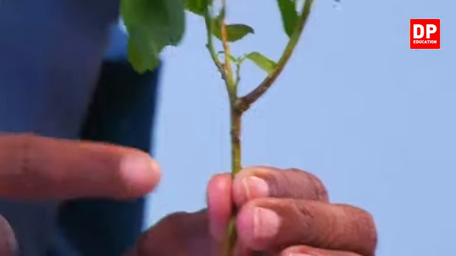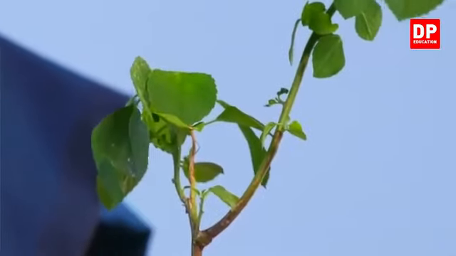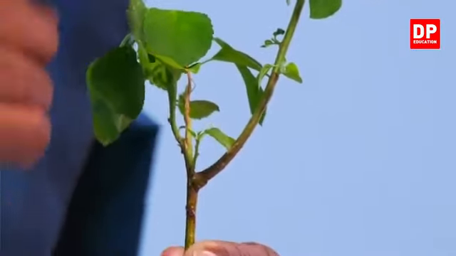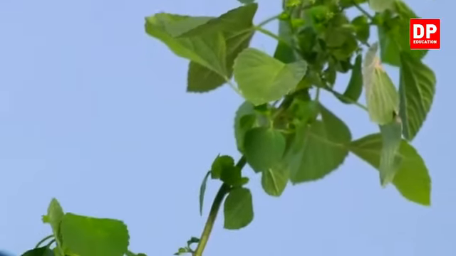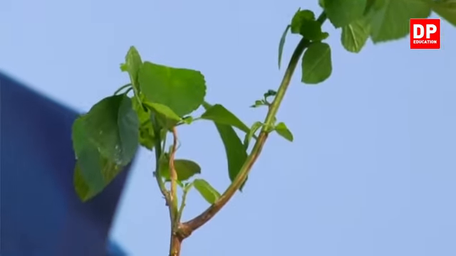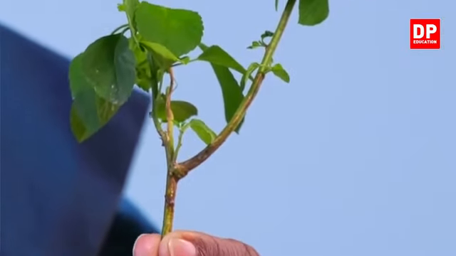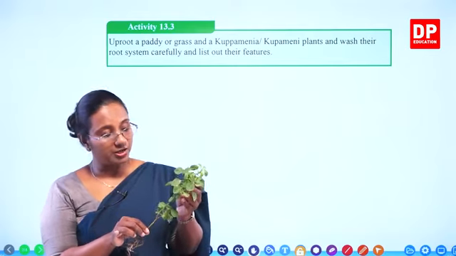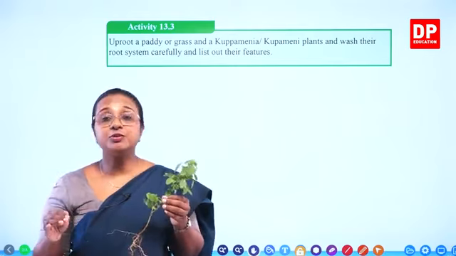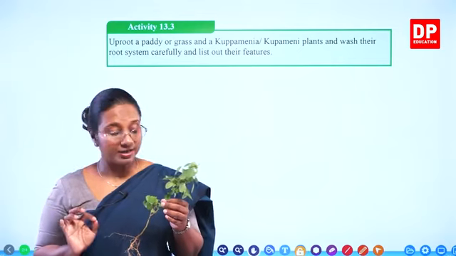Then if you look at the stem, now here you can see the stem is branched. Now there is a branch here, then you can see some other branches. This is a very young plant, students, so that's why you can't see a lot of branches, but in a somewhat grown plant you will see more than one branch.